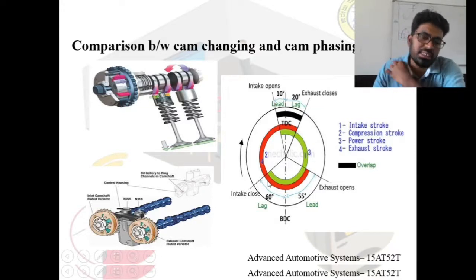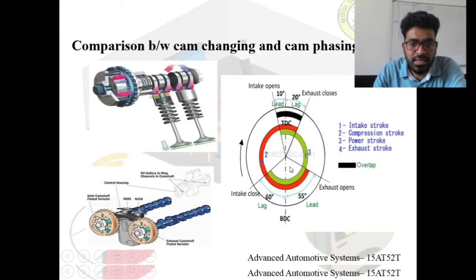Okay. Suppose engine is running at high speed. At that time, this valve is operated by this bigger cam profile on either side of this cam profile. The bigger cam profile will operate the valve at high speed. At that time, what happens? The intake opens before, you may assume, 20 or 25 degree before TDC, and it also closes 65 or 70 degree after BDC because the cam profile is bigger.